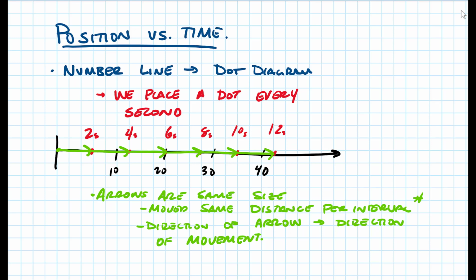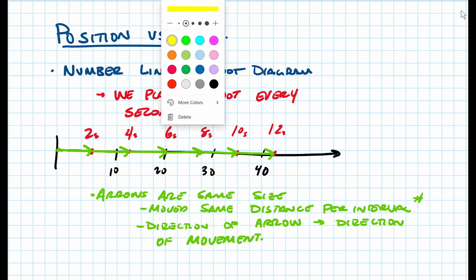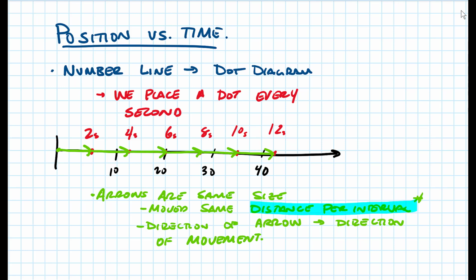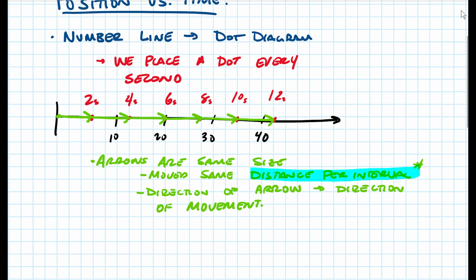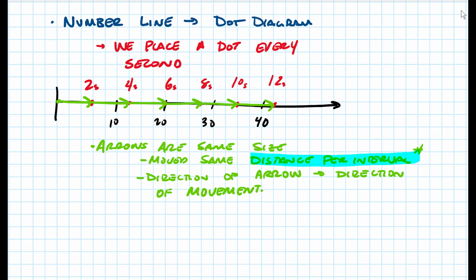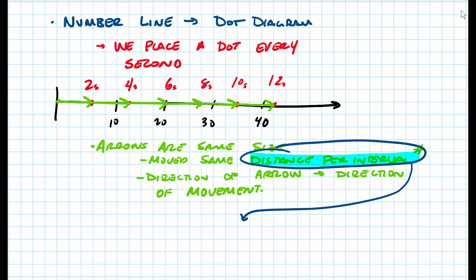Now, this little description, distance per interval, I want to get a little bit more exact as we're talking about it. I want to define it better. And so right now what we're going to do is call that thing speed, and we're going to define that as distance traveled over our time.